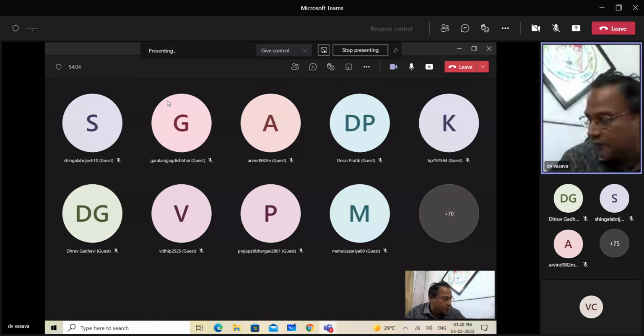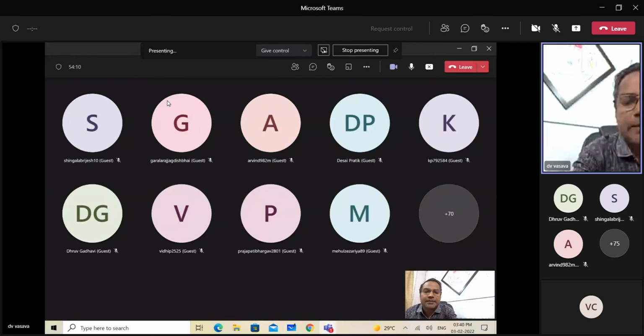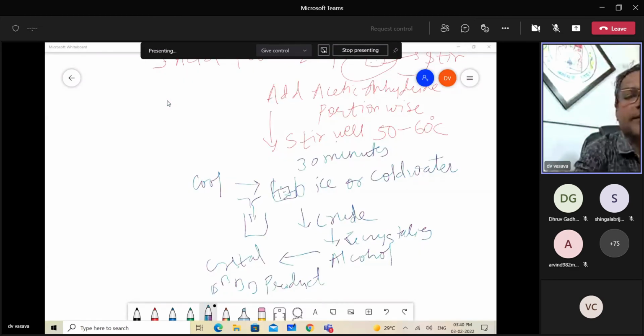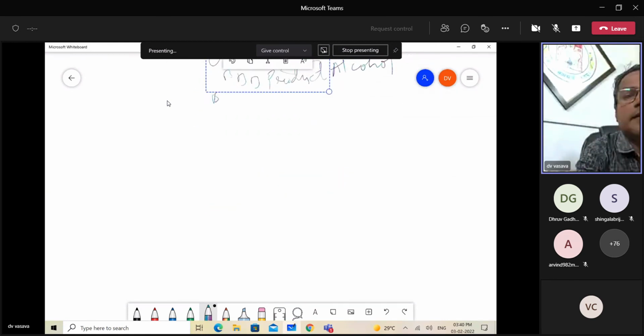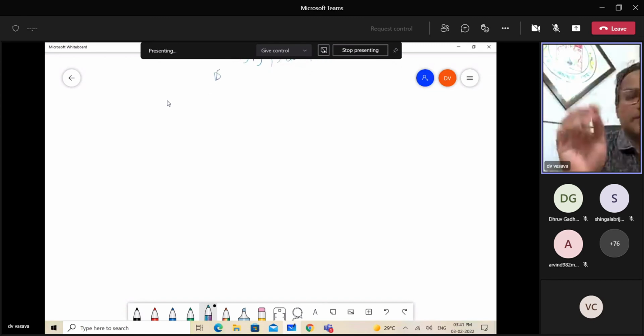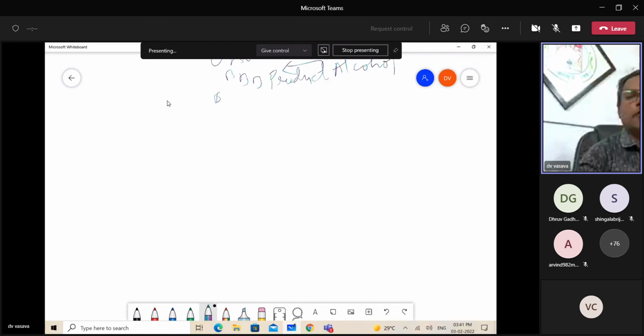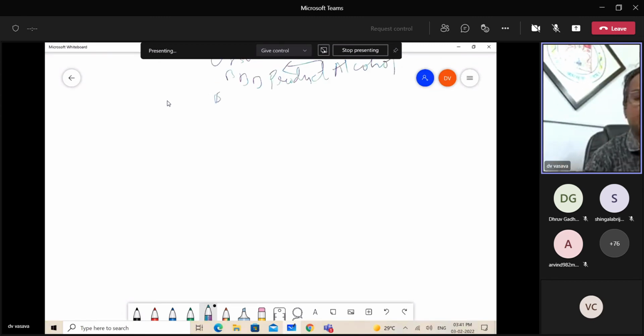4-methyl benzophenol. So now we can write down the reaction mechanism of it. So let me share the screen, whiteboard. Okay. Yes, so the whiteboard is there in front of you.